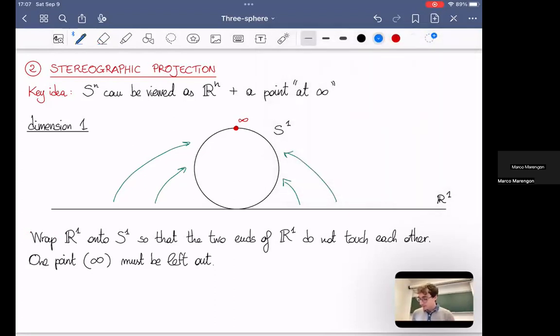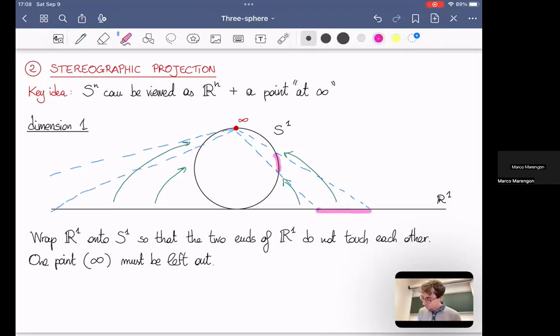I'll give another picture of this because I realized that I'm not being very good at explaining it. So let's consider the part of the real line that I'm highlighting right now. When I wrap the line over S1, I want the highlighted part to wrap over this bit of the circle, something like this, for example.